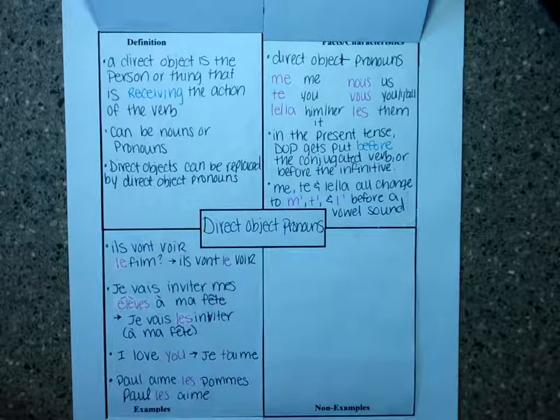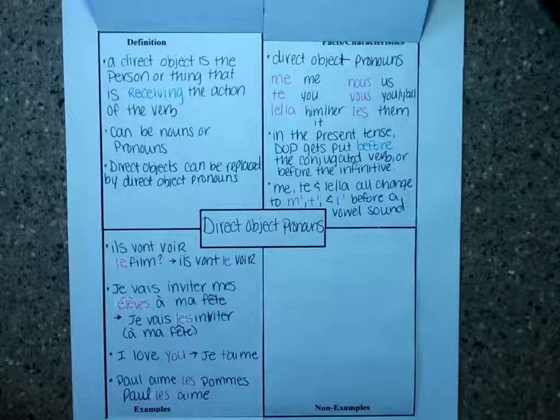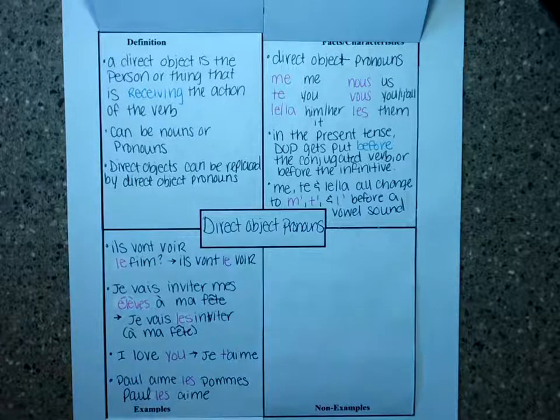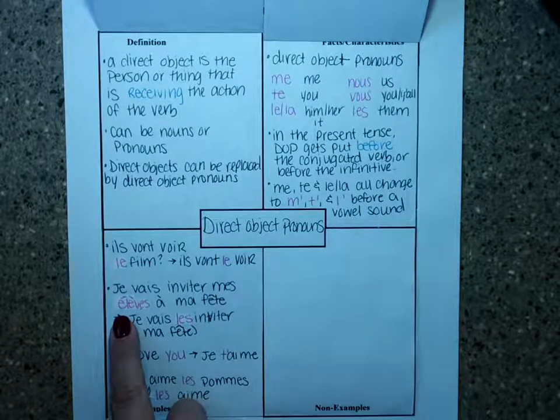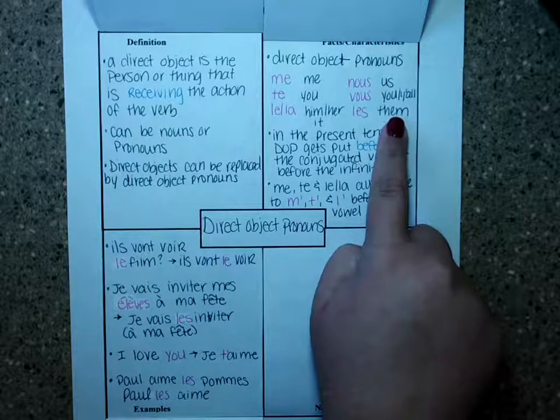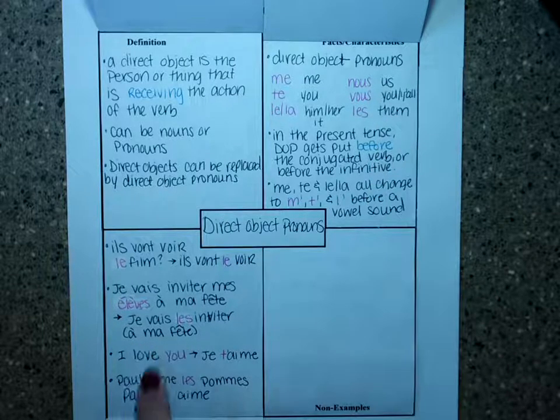So direct object pronouns can answer the question what or who. If you can answer the question with that object, then it's a direct object. So keep that in mind. That becomes super important later on. So we end up replacing mes élèves with les because it's plural. So I'm going to invite them to my party.